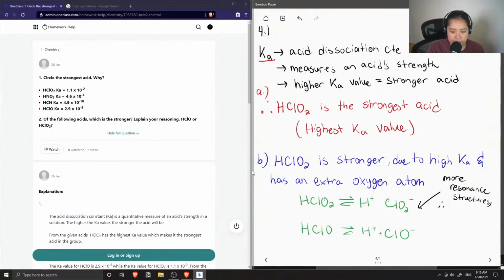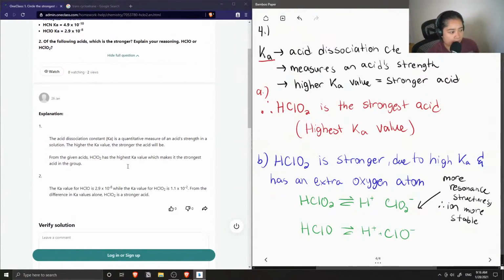So this makes the ion more stable. And when you have a more stable conjugate base, this means that you have a stronger acid, since the acid is more likely to dissociate into those ions and it can donate that proton.